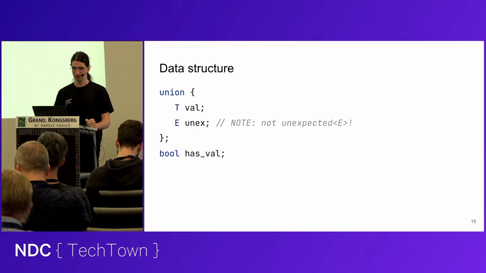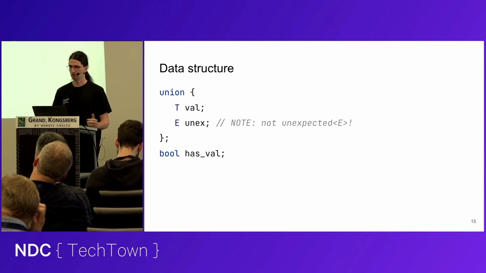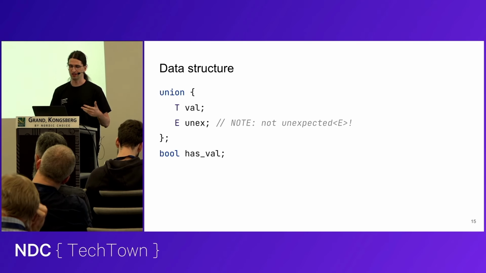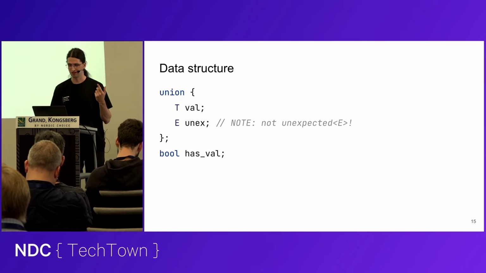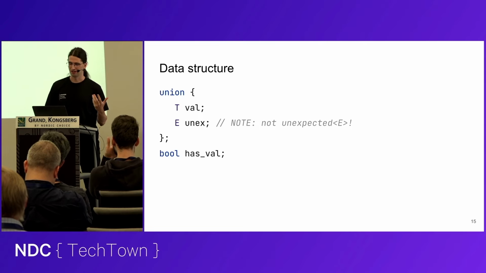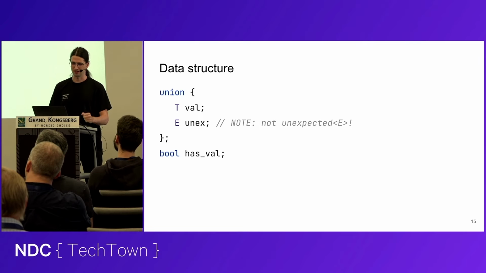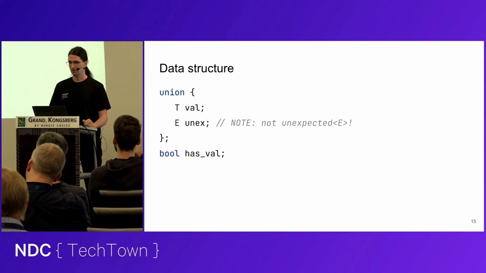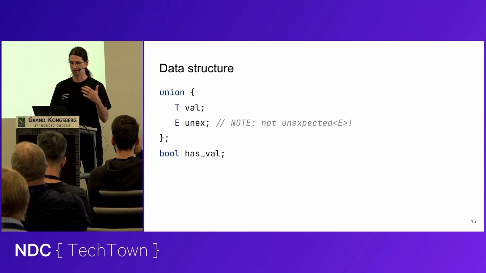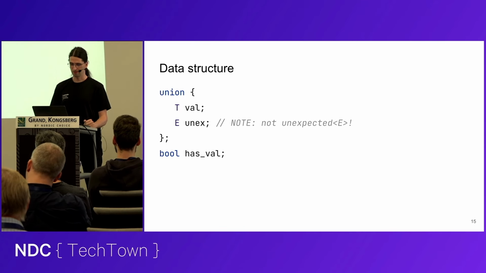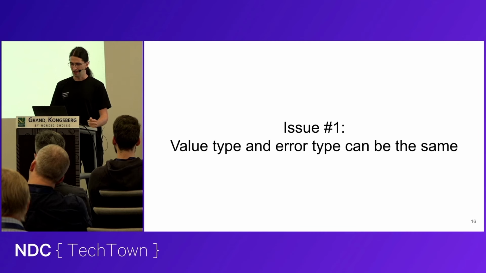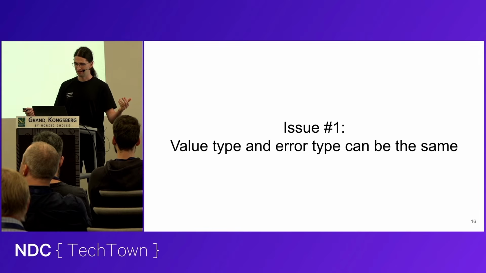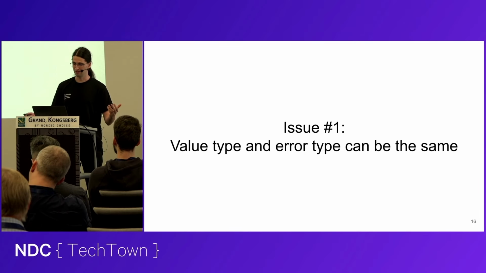So what we have here, it's a union of T value and an E, and please see that it's not wrapped in unexpected, so it's just an E. And we have the sign of presence of value or an error here. And this is the first issue here. The value type and error type can be the same.